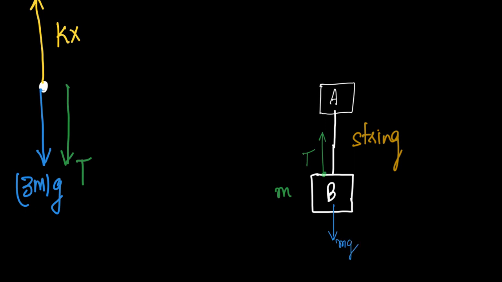If you apply sigma Fy equal to 0 here, what you get is mg is equal to T. This is important. It simply means that the tension acting in the string is equal to the weight of the mass it is connected to.